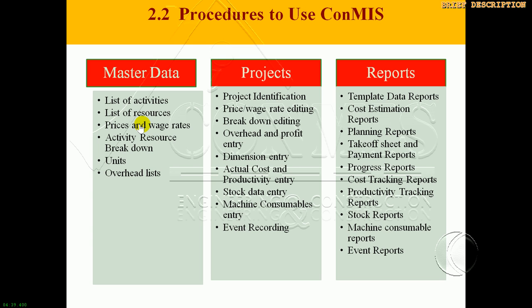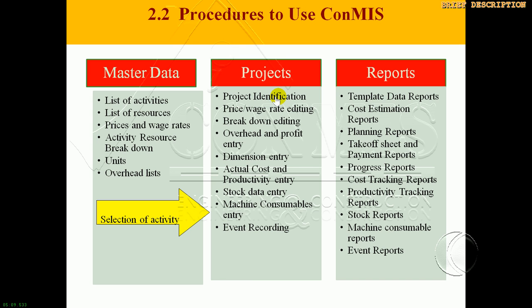When you are working on your project, first you have to identify your project. This means the project will be identified using its names and its blocks. Then after you have identified the project, you will select activities from the master data. These activities are selected along with their breakdown.